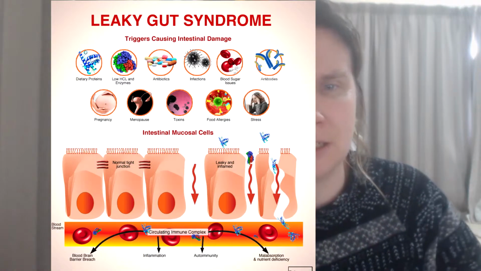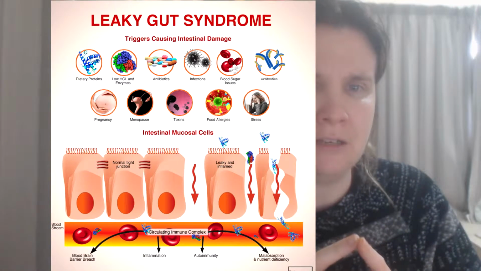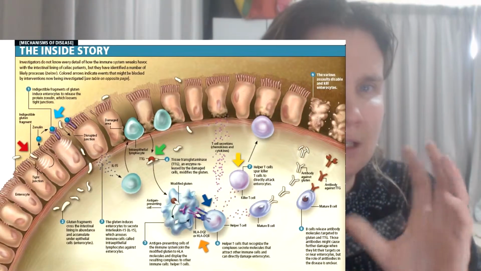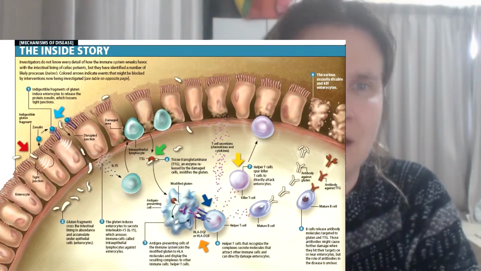The second one will be the triggers, obviously, and an illustration of what the intestinal mucosal cells look like. Then, based on that, will be your actual inside story illustration of the immune system versus the intestinal lining of celiac patients, which has been identified by a number of likely processes.